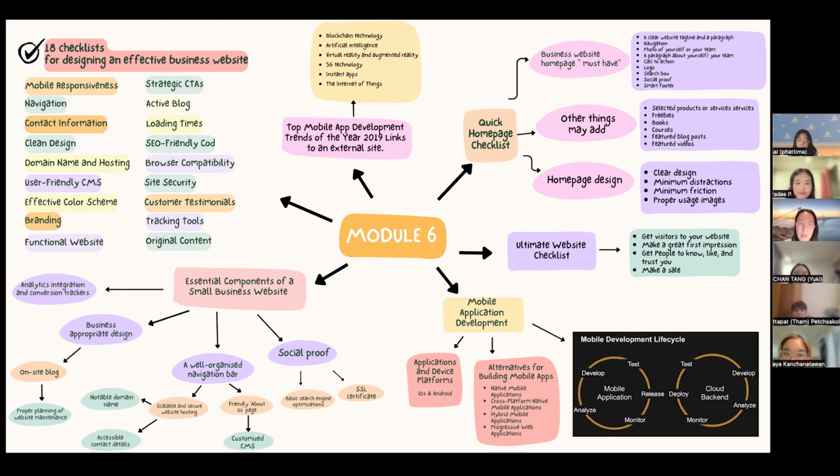The next one is other things you may want to put on your business homepage. It includes the selector, product or service, freebies, books, courses, featured blog posts, and featured videos.